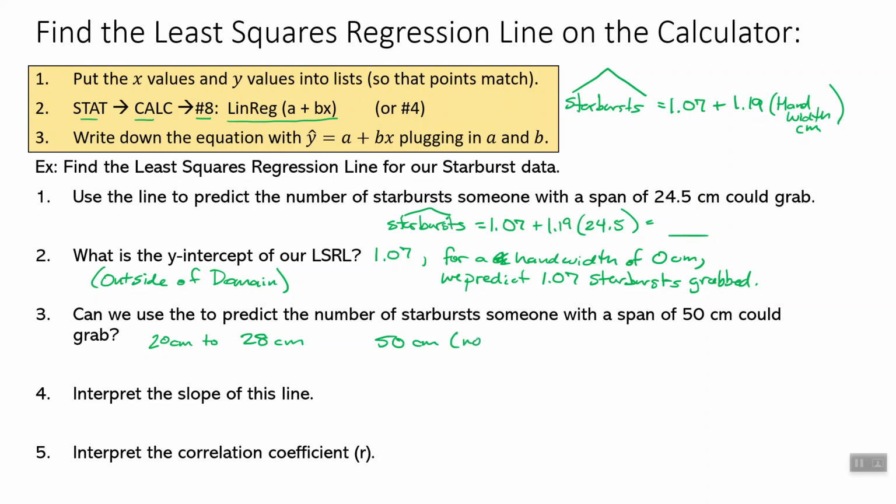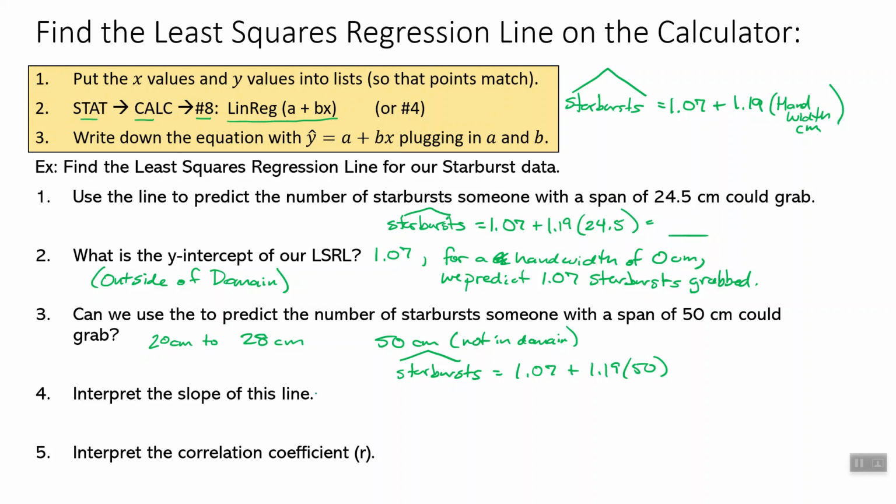So this is definitely not in our domain. I mean, we could still plug it in, but we would be very careful about it. If we had the option to say no, we'd probably want to say no, that's probably not a good idea. The reason why is maybe 50 centimeters is too big to grab out of that bowl, so the numbers wouldn't be legitimate. They would need a bigger bowl than what we had.